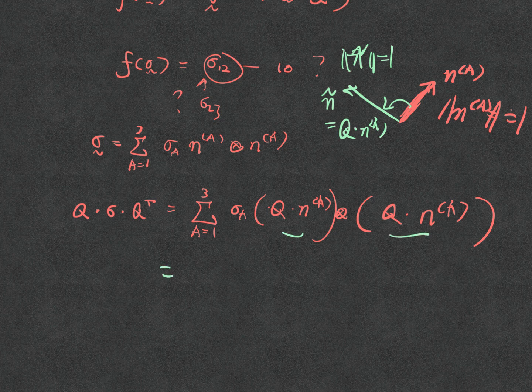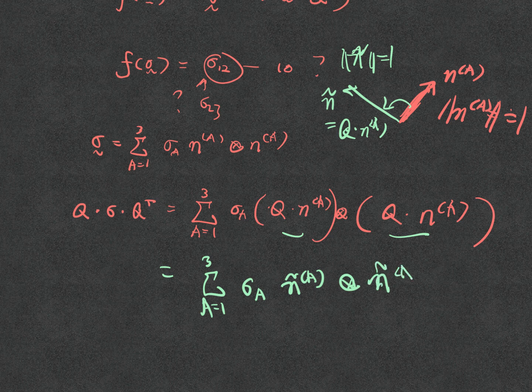So I would end up simply with n_A times n_A. Now, this overhead n and the original n, what is the relationship between them?